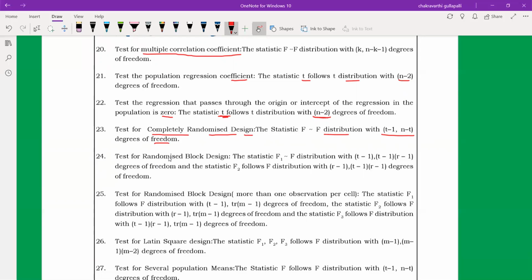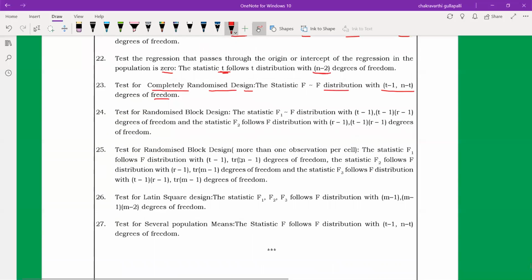Test for randomized block design: in this case also an F distribution, F1 with t minus 1, (t minus 1)(r minus 1) degrees of freedom, and F2 follows an F distribution with r minus 1, (t minus 1)(r minus 1) degrees of freedom. For detailed explanation, you have to watch the design of experiments video.